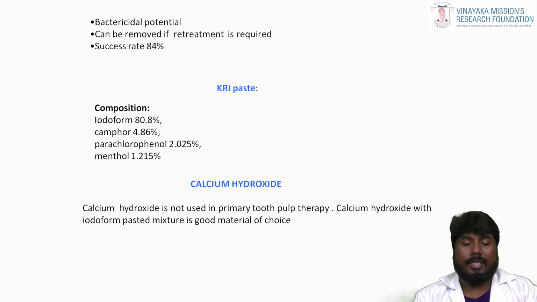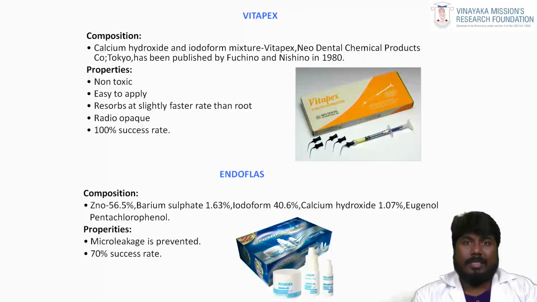Then calcium hydroxide. Calcium hydroxide alone is not used in primary tooth pulp therapy. Calcium hydroxide with iodoform paste mixture is a good material of choice in pulpectomy of primary teeth. Vitapex is a composition of calcium hydroxide with iodoform.